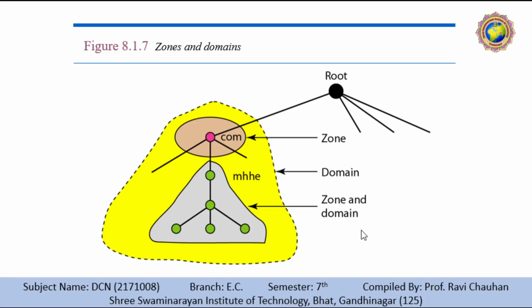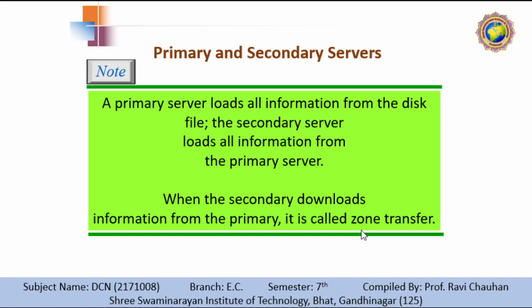Note also that a server can be a primary server for a specific zone and a secondary server for another zone. Therefore, when we refer to a server as primary or secondary, we should be careful about which zone we refer to. So, the primary server loads all the information from the disk file, and the secondary server loads all information from the primary server. When the secondary downloads the information from the primary, it is called a zone transfer.